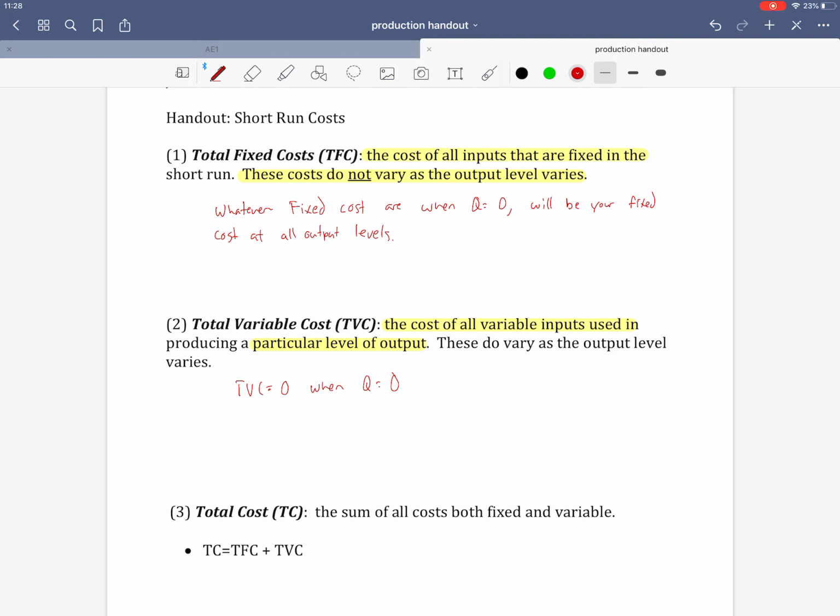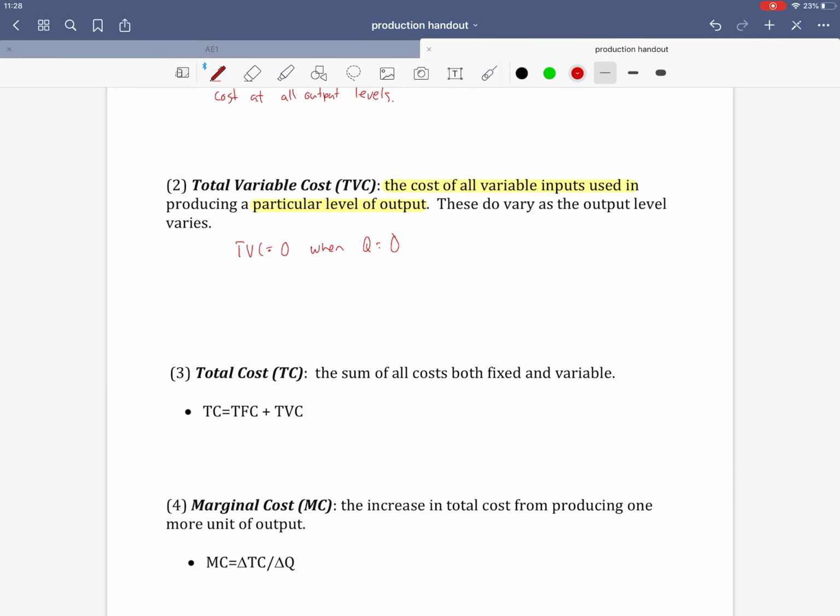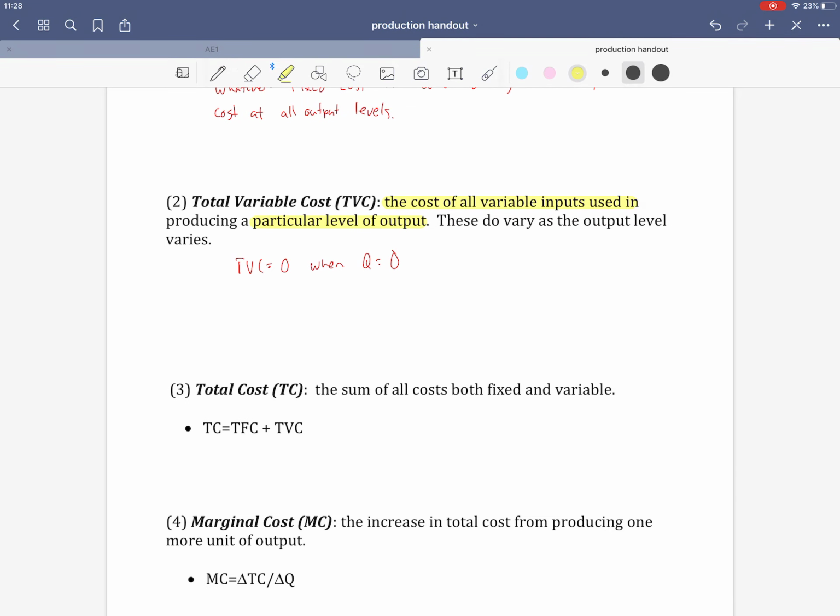So we have our total fixed costs, we have our total variable costs, and then our next one are our total costs. Now, as the name implies, total cost is just going to be the sum of all of our costs, our fixed costs and our variable costs. So we're just adding the two together. Now, if we don't have any total variable costs when our quantity is equal to 0, just a little helpful tip. Whenever our quantity is equal to 0, there are no variable costs.